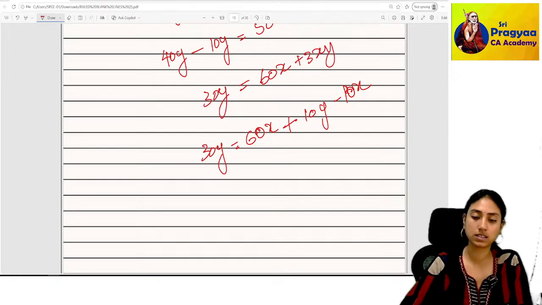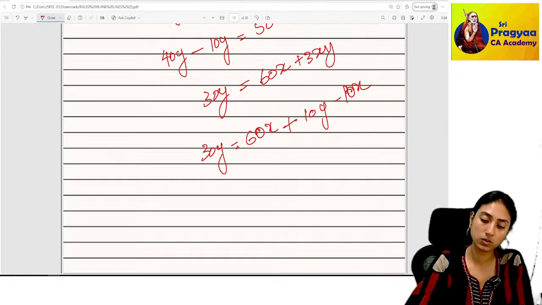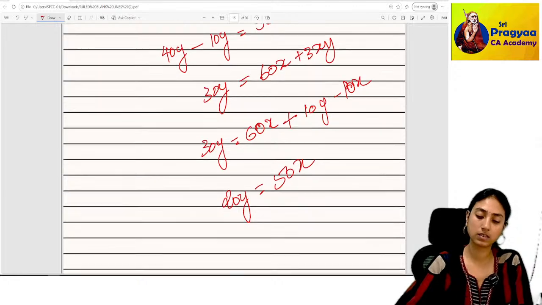10y minus x. ஓகே, ஸோ இந்த அந்த சைட் போனால் 20y is equal to 50x.